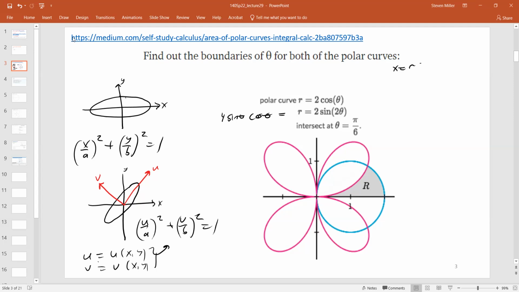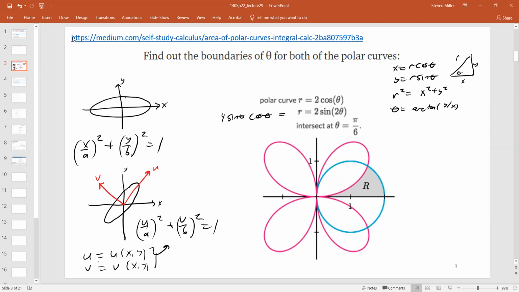And in polar, x is r cosine theta, y is r sine theta, r squared is x squared plus y squared, and then theta is arctangent of y over x. So here's theta, here's y, here's x, here's r. This is how I go back and forth between polar and Cartesian coordinates.